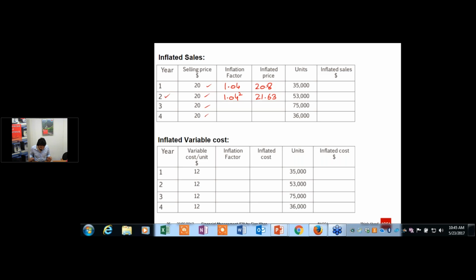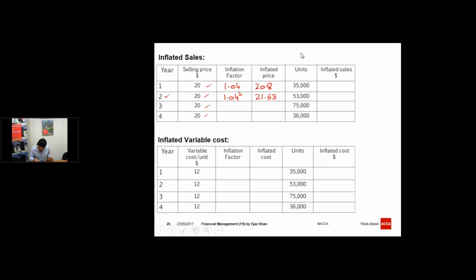For year 3, it's 22.5 or 0.49? 22.5, that's right. 22.5 because we have to multiply it by 3. What about year 4? 23.4 approximately.